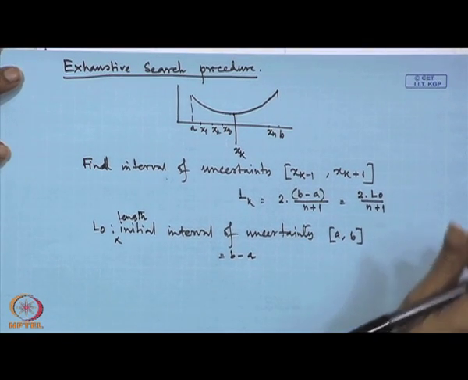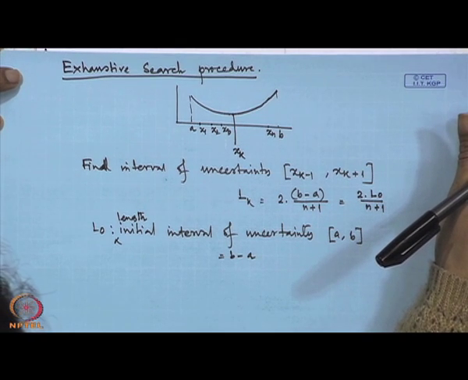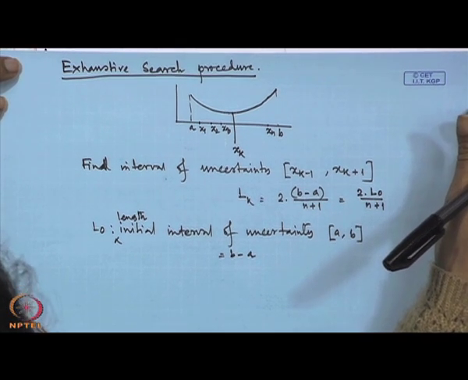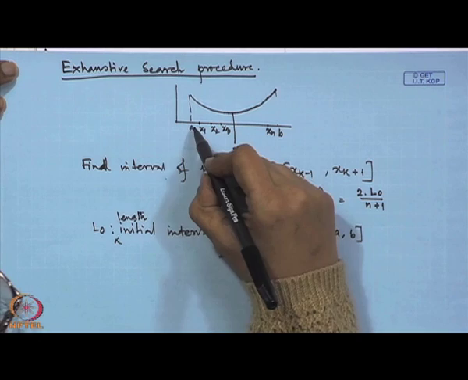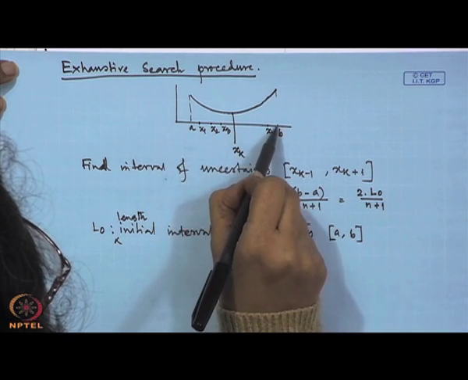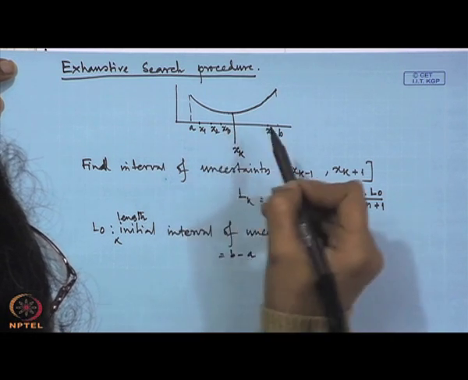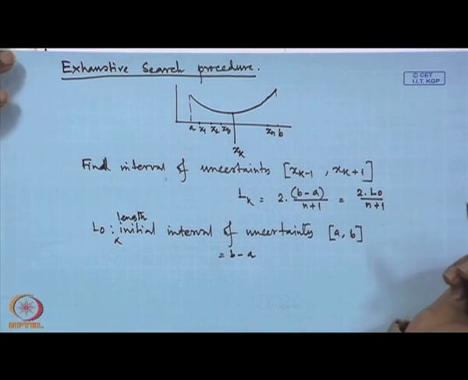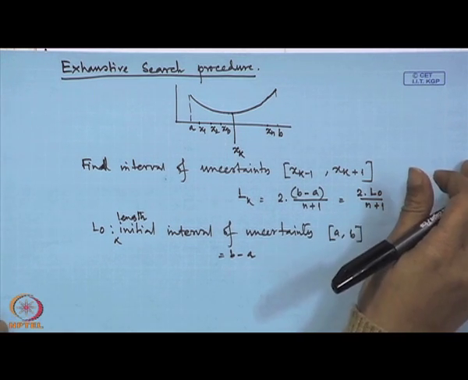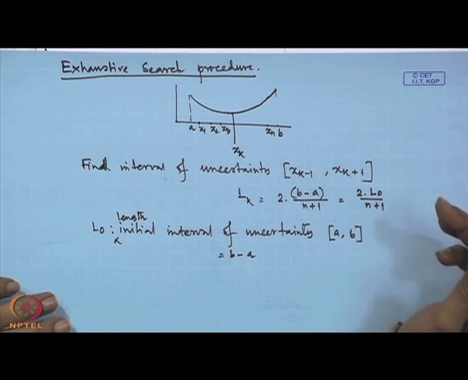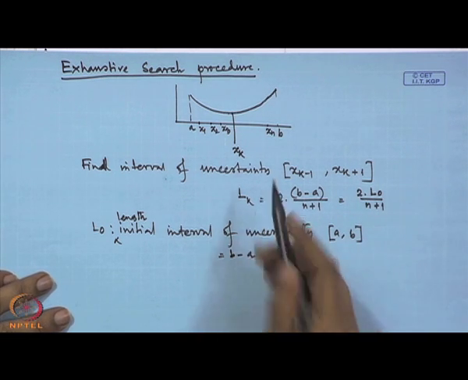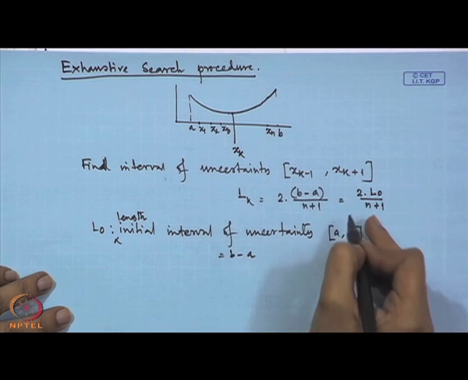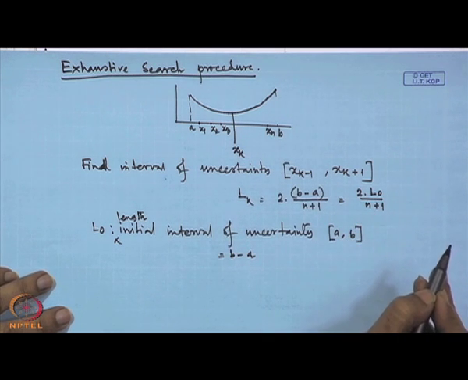Now, our next thing is that we have to find out the functional value at each and every point, and where the functional value is minimum, we will stop. Now, there are a few things to be discussed in this regard. In the exhaustive search we have seen that we have to subdivide the interval into n plus 1 equally spaced subintervals.